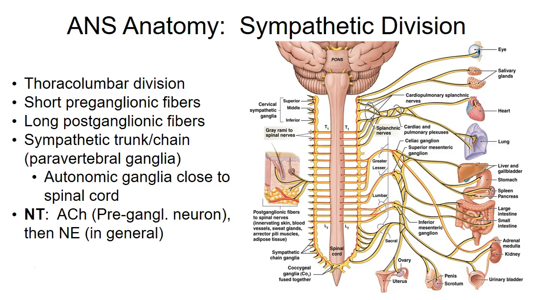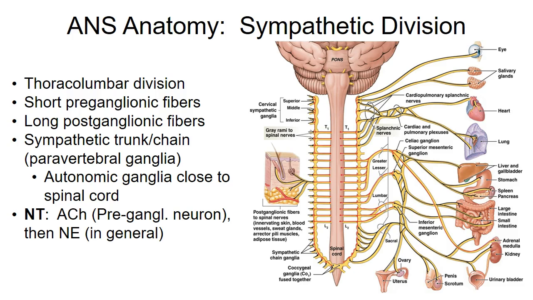All right? Now here, remember that no matter whether we're talking about sympathetic or parasympathetic, the neurotransmitter that's released from the preganglionic neuron is always what? Acetylcholine, right? The only difference is that with the sympathetic division, the neurotransmitter released from the postganglionic neuron is usually going to be what?